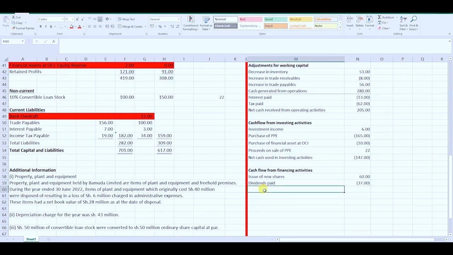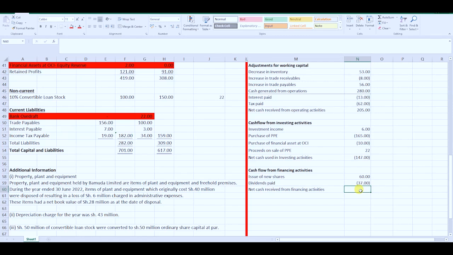Once we've done that, we can see clearly that we don't have any other item from financing activities. So we get the net cash received from financing activities. How do we get it?